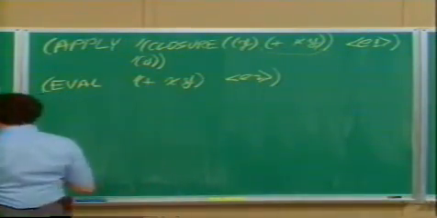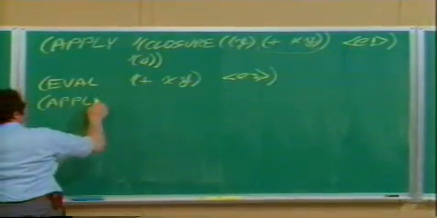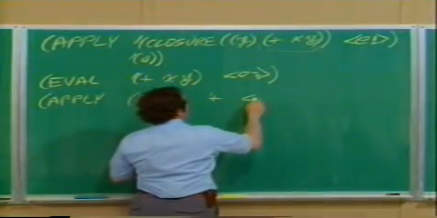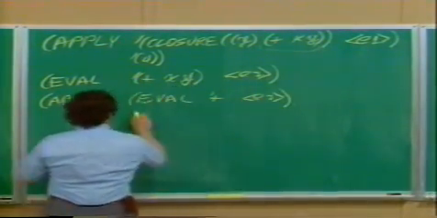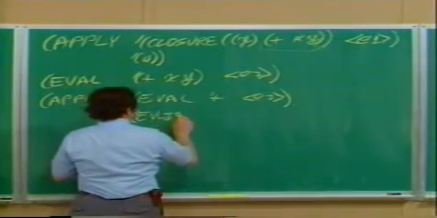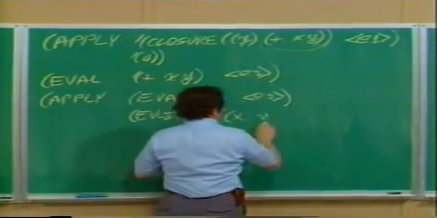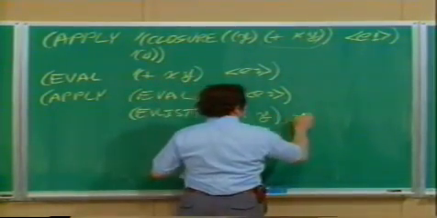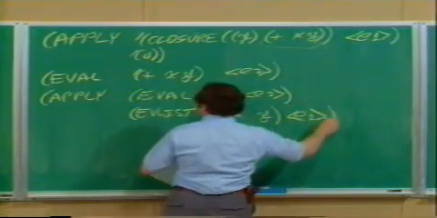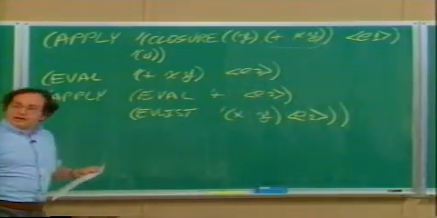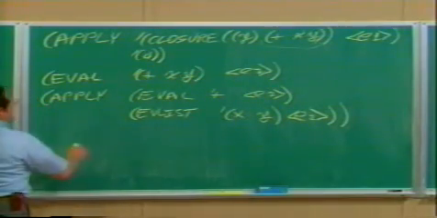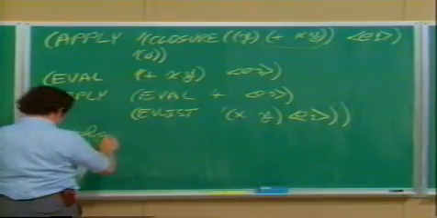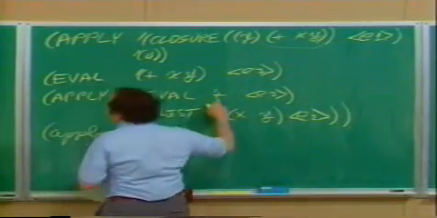Oh, but this is an application. So this is the apply of eval plus in E2 and evlist, quote, open x and y in E2. Okay. Well, but let's see. That is apply the object which is the result of evaluating plus.